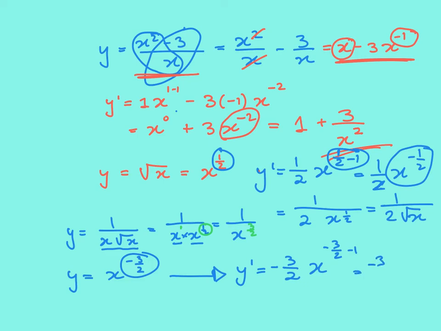So it's going to be negative 3 over 2 x, negative 1.5 take away 1 is negative 5 over 2. You can leave the answer like this, or if you want you can move this x to the power of negative 5 over 2 into the denominator to have a positive index. It depends on what you have been asked. Okay, that would be all for now for simple rules of differentiation. Bye.